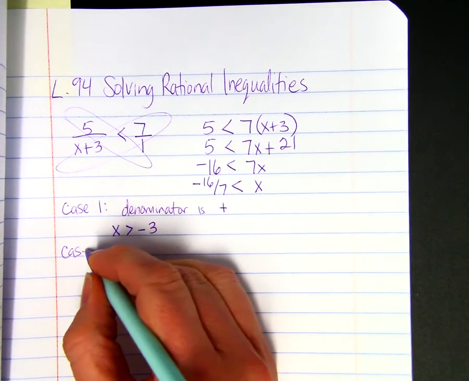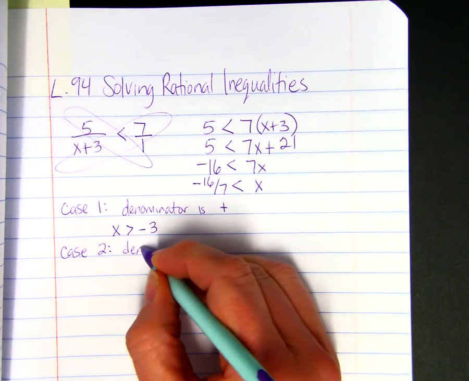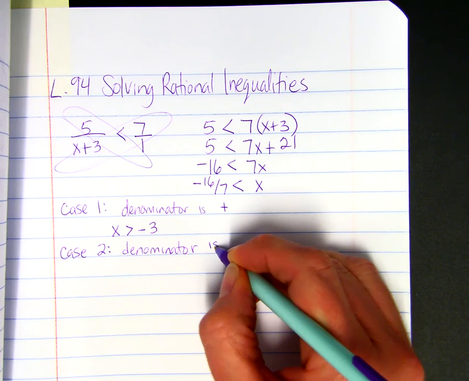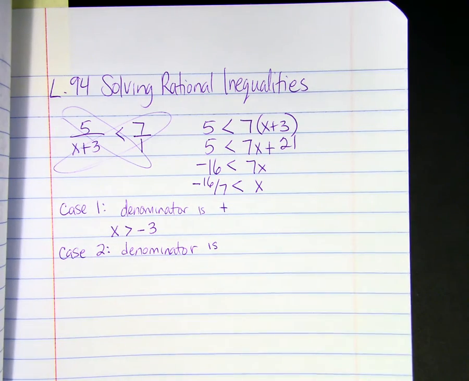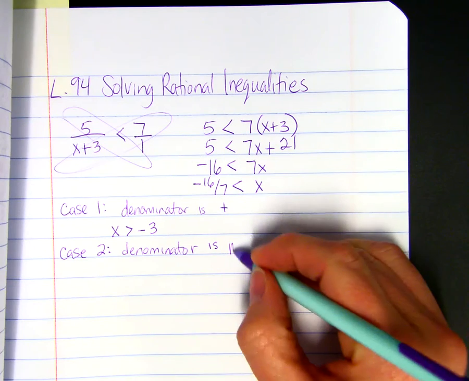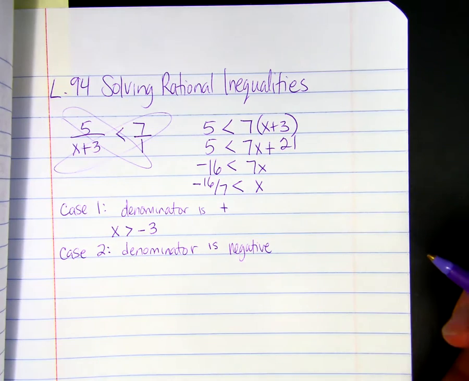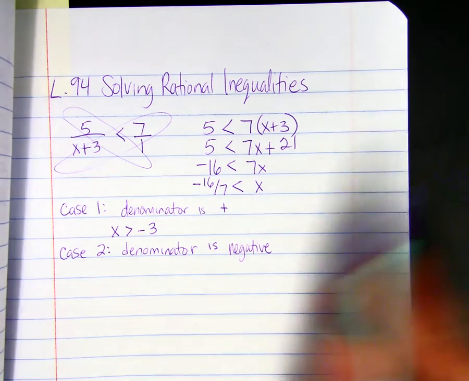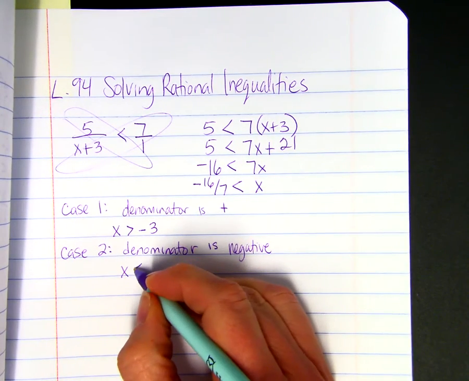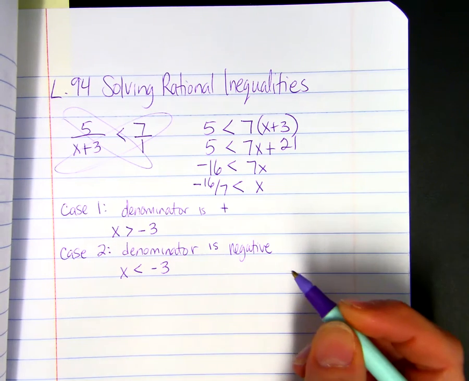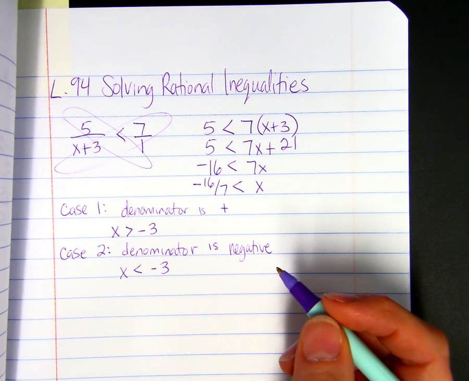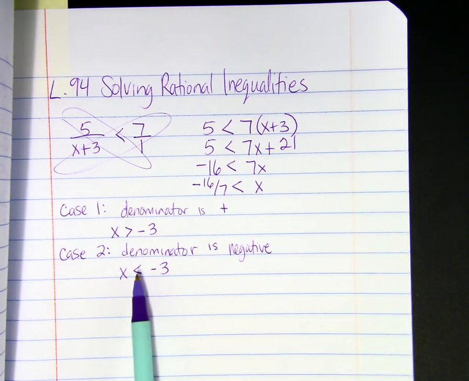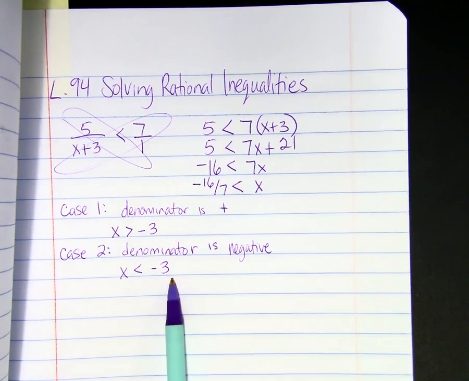Case 2, if the denominator is negative, then x will have to be less than negative 3. So we have to decide if it's greater than negative 3 or less than negative 3.